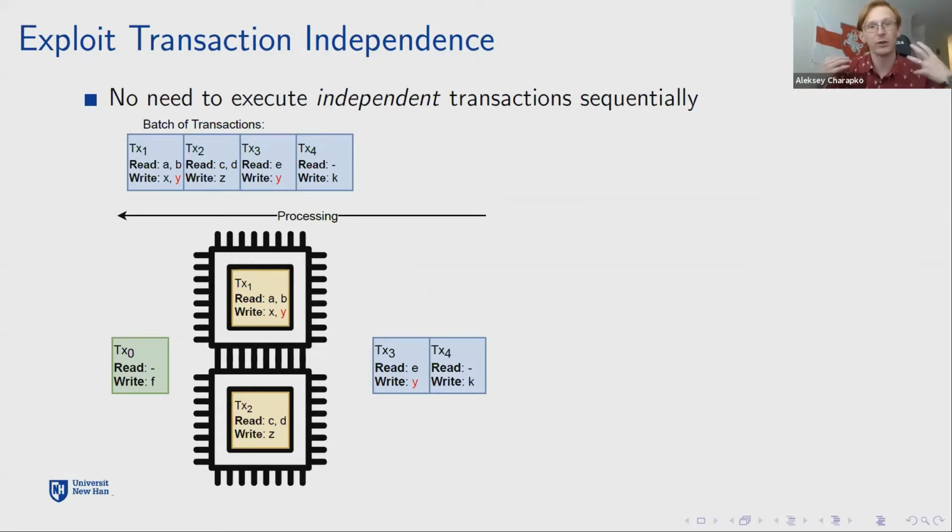So if you have two independent transactions, you can try to run them in parallel. For example, here I have transactions 1, 2, 3, and 4. Transaction 1 reads keys A and B, writes keys X and Y. Transaction 2 reads keys C and D and writes key Z, right?